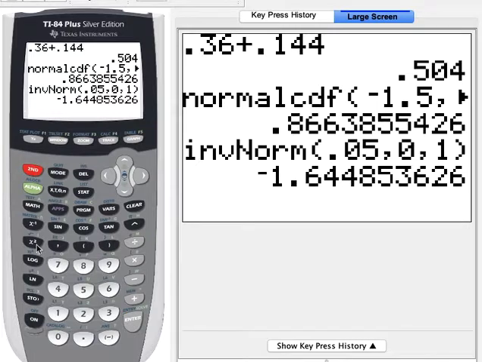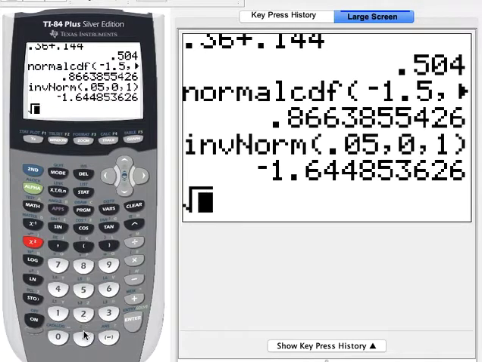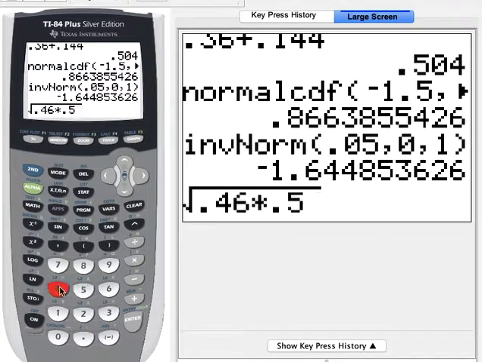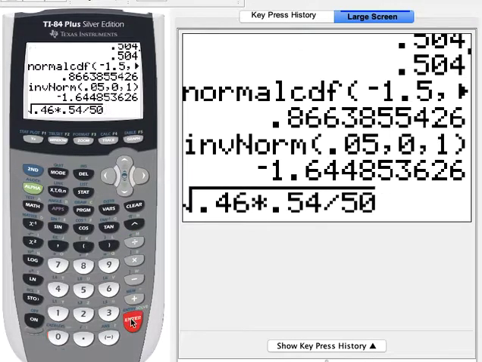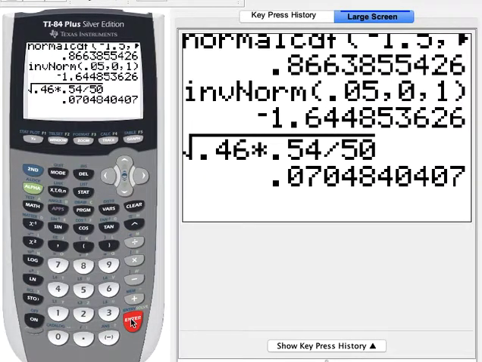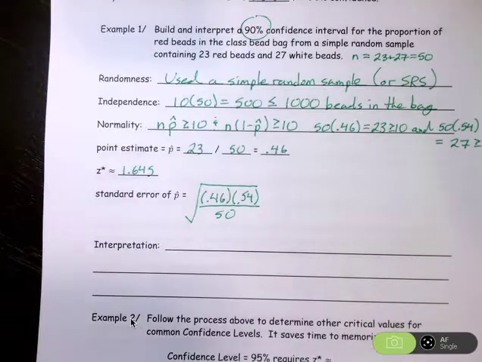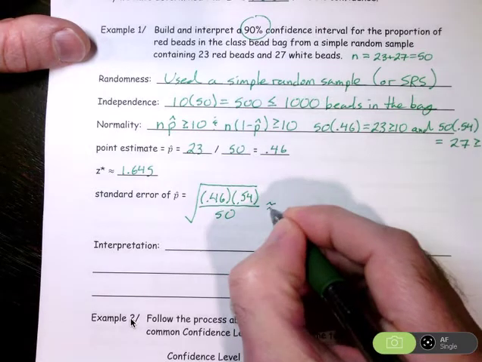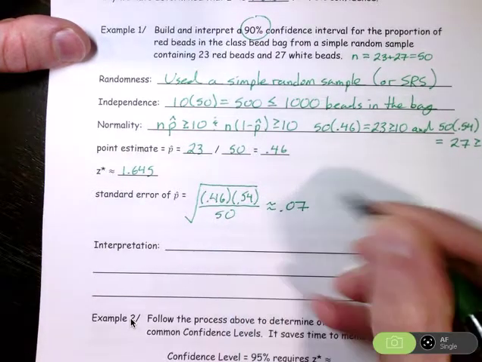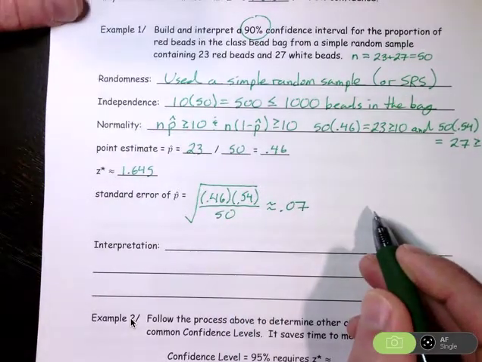That's the square root of 0.46 times 0.54 divided by 50. This gives me a standard error of pretty much 7%, so we'll call that 0.07. And now we're ready to build our confidence interval.